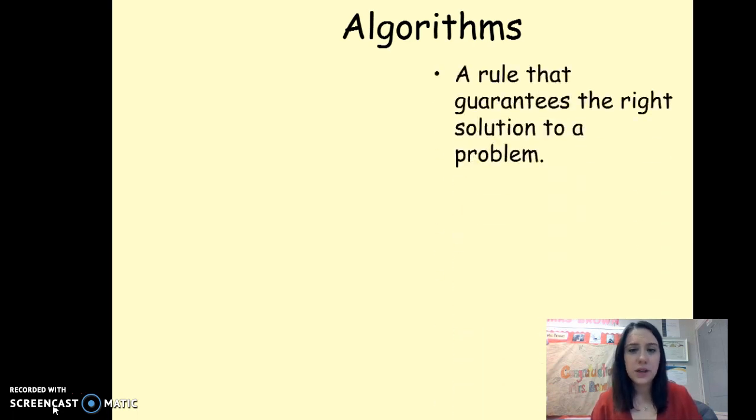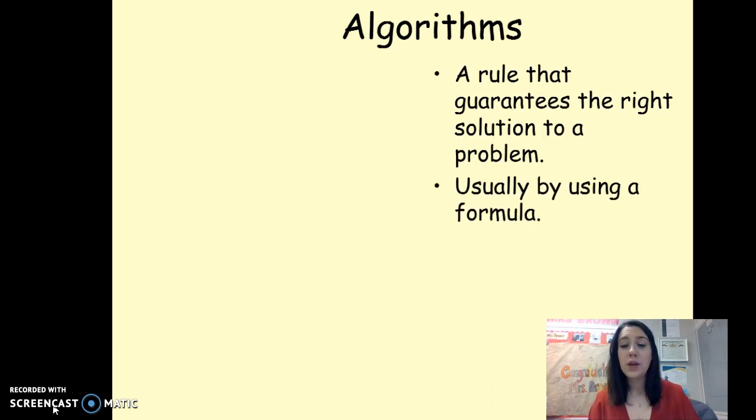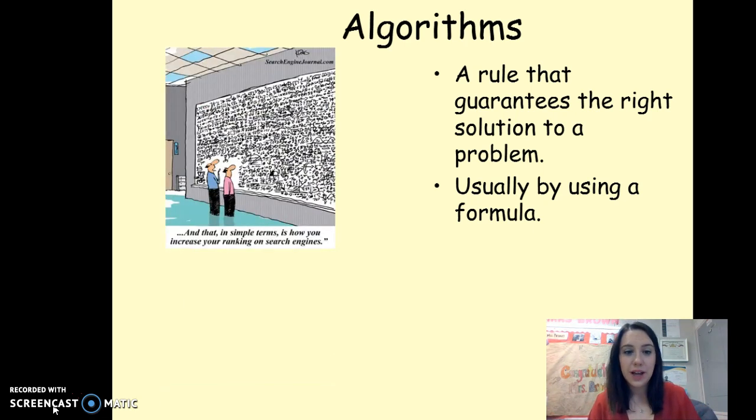It is a rule that guarantees the right solution to a problem. Usually we use a formula, we try every single combination of numbers, or we have a program that runs an algorithm that tries every combination for us. Or we, painstakingly, step by step, logically go through all the possible solutions.